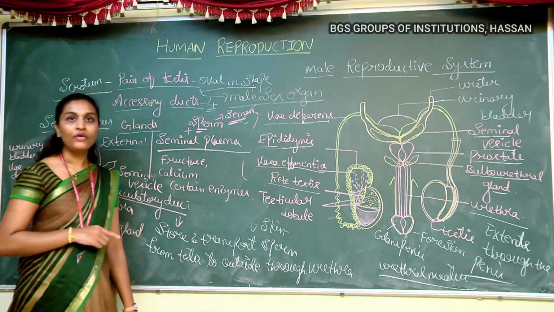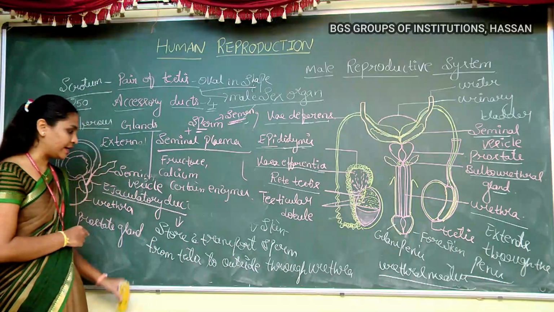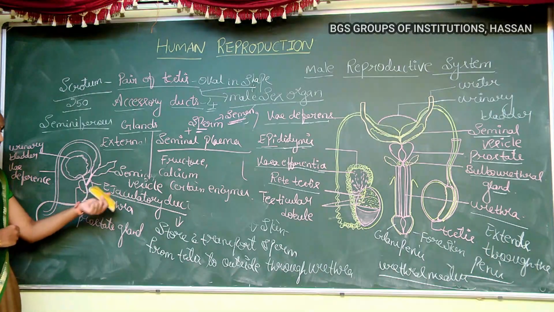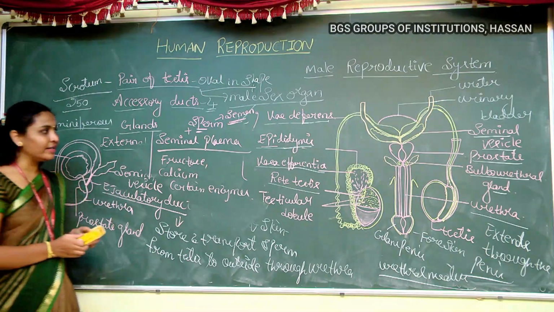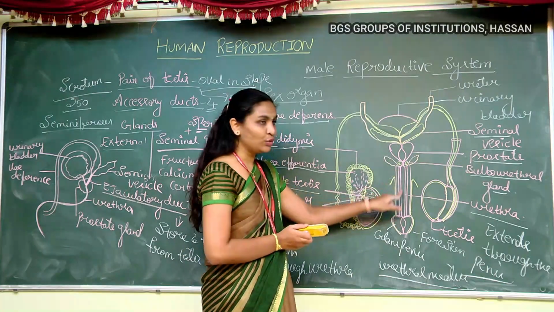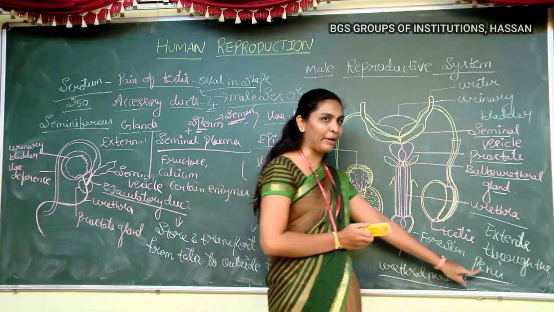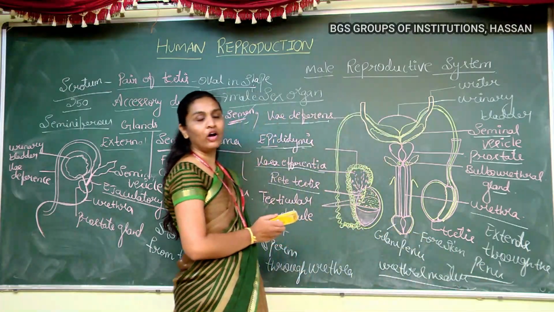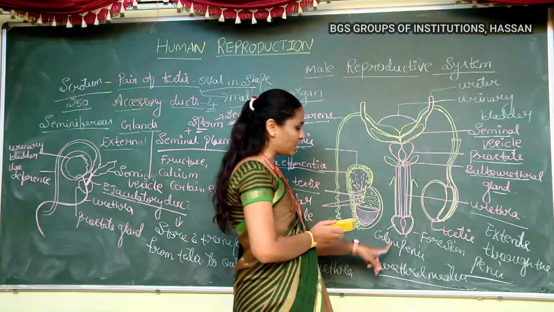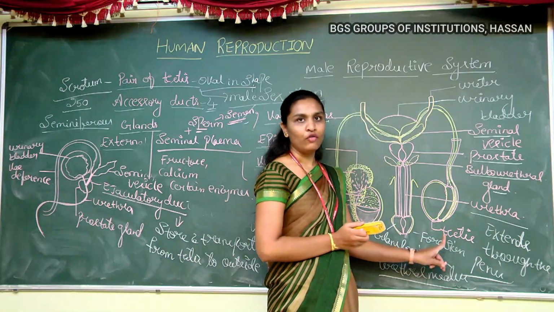From testes to outside through the urethra, the sperms are transported and also stored with the help of the ejaculatory duct. And see, this is the urethra. The urethra originates from the urinary bladder and extends through the penis, a copulatory organ or male external genitalia, whose enlarged part is glans penis, covered with a loose fold of skin called foreskin.